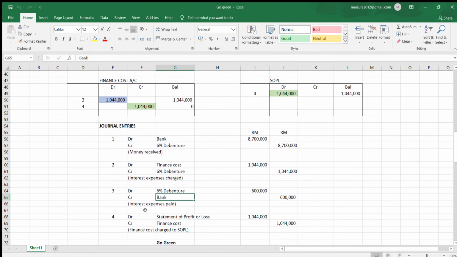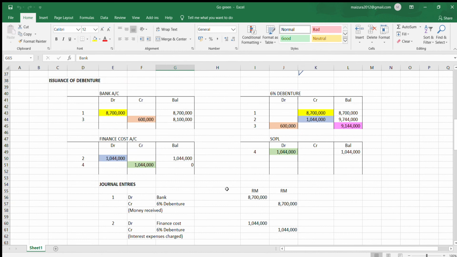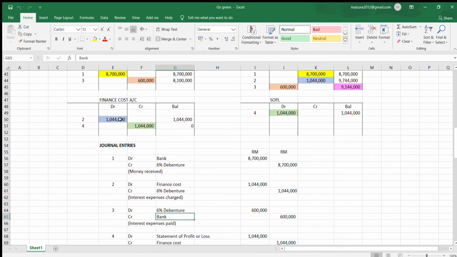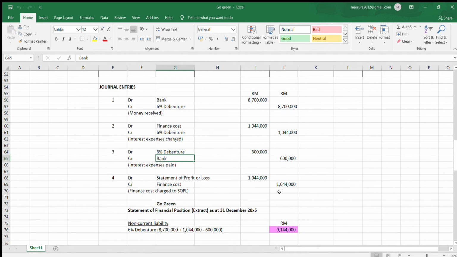So this is the interest expense paid, and finally the finance cost will be closed and transferred to the statement of profit or loss, so this is considered your expense.